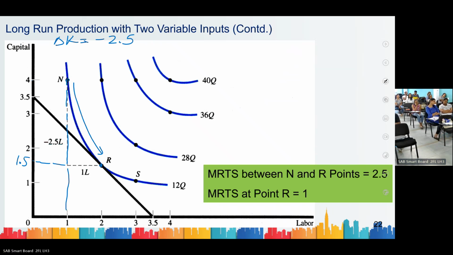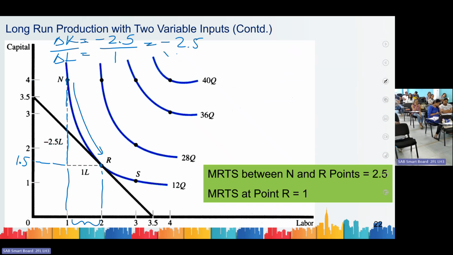And here, what is the change in labor? Change in labor is 1. From 1 unit to 2 units, change in labor is 1. Then what is the value? Minus 2.5.